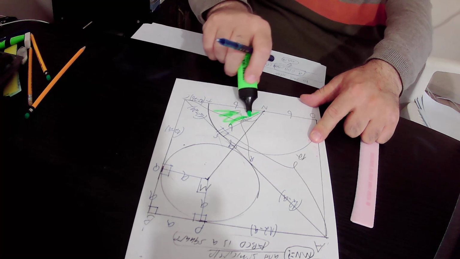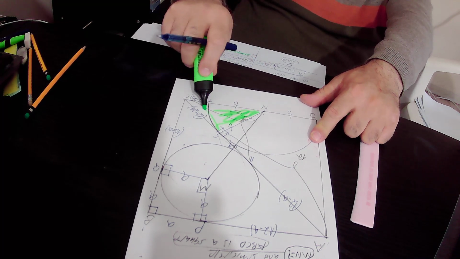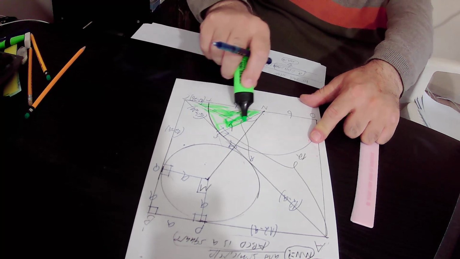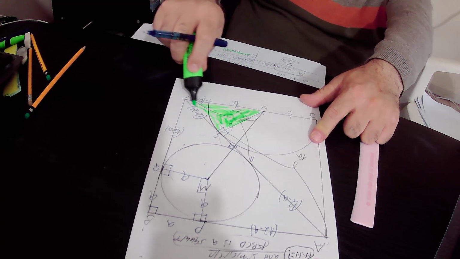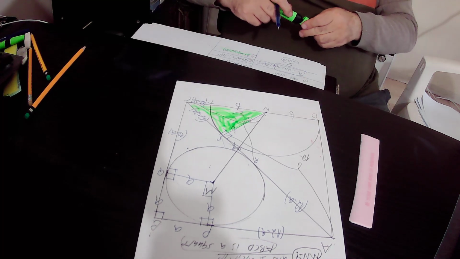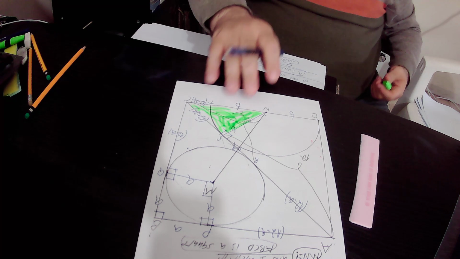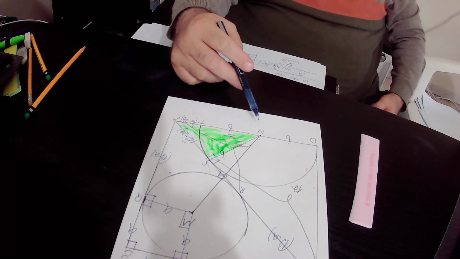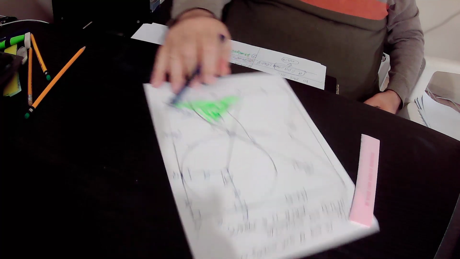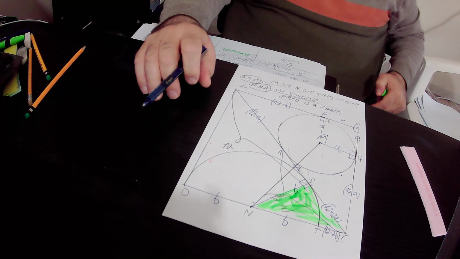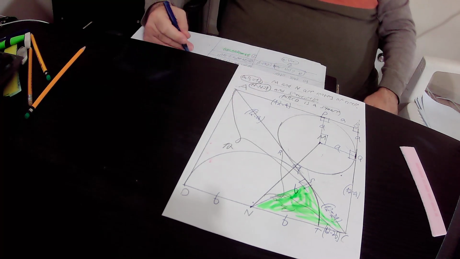So we will implement the Pythagoras theorem on the right green triangle, triangle NSC. But before that, we will calculate the length of the hypotenuse NC. What is the length of the hypotenuse NC of the right green triangle, triangle NSC?